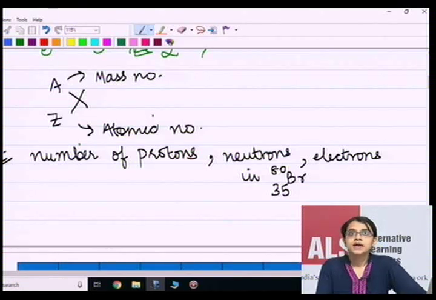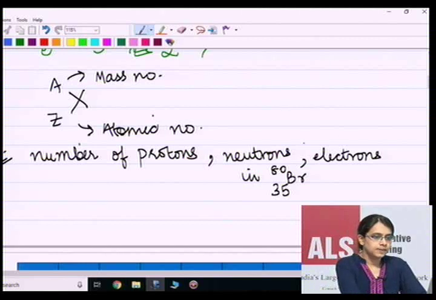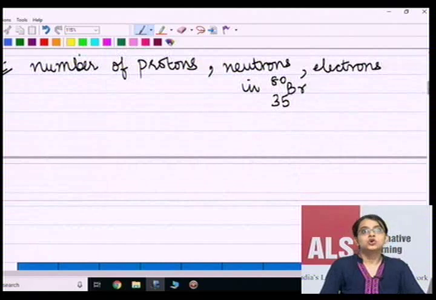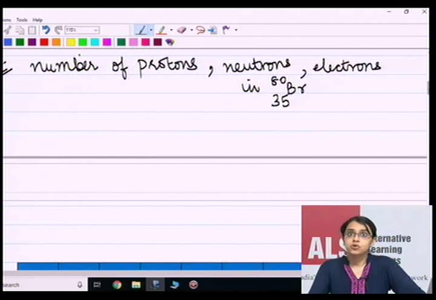Okay? I hope all of you can read the question. If you can't, just let me know. You have to tell me what is the number of protons, neutrons and electrons present in Br 80, 35. Okay? So I'm giving you 2 minutes. Quickly solve this question and let me know the answer.